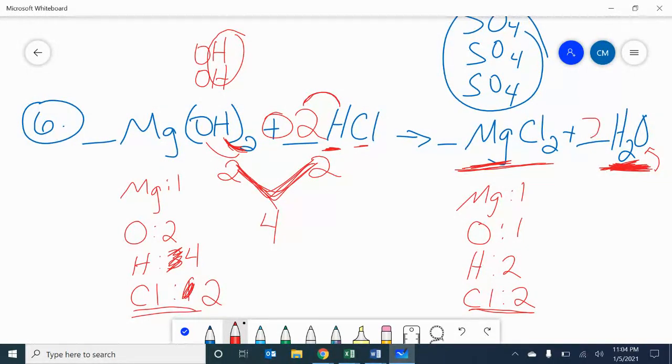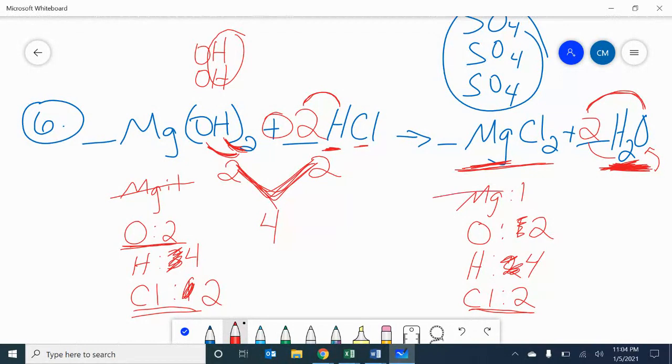Yeah, I can put a 2 there. 2 times 2 is 4. So there's a 4. And now I just affected my O's. I just doubled my O's. So now instead of 1 I have a 2. Well, on the left, how many O's do I have? I have 2 because of that parenthesis right there. Okay, so then my chain reaction stops and I double check.